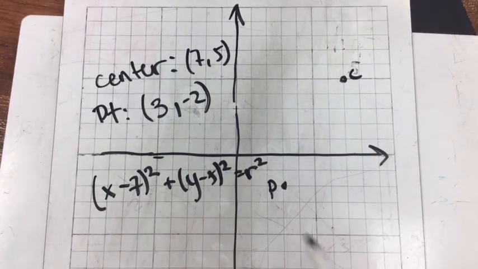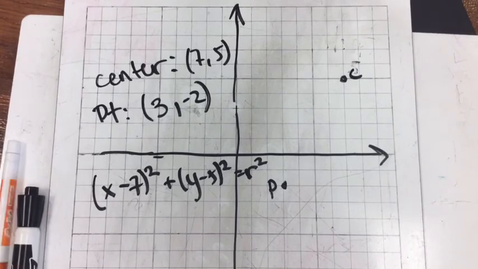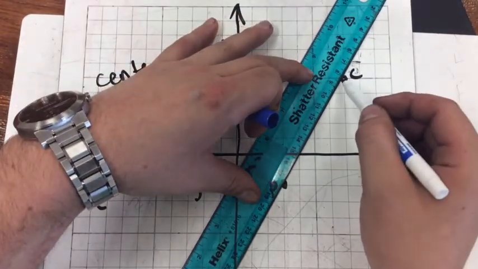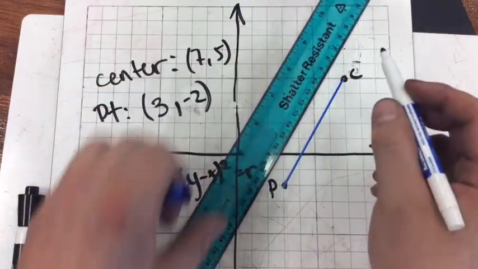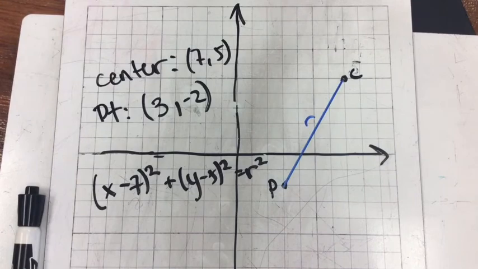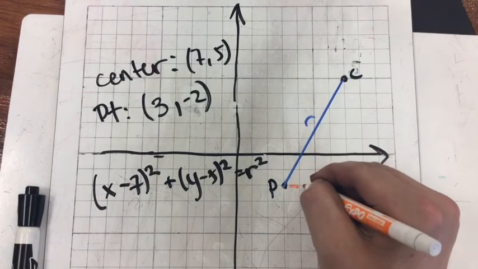So we need to find r. If we look at this, we need to understand that the straight line from P to C has to be our radius. To find this radius, we're going to use an old friend from geometry.